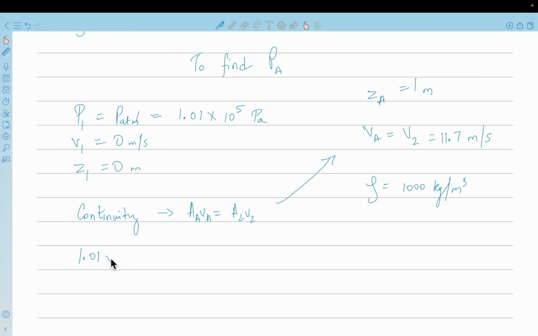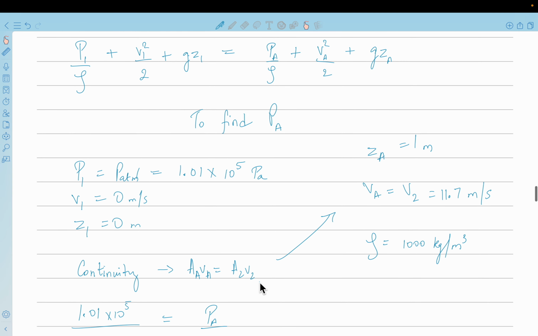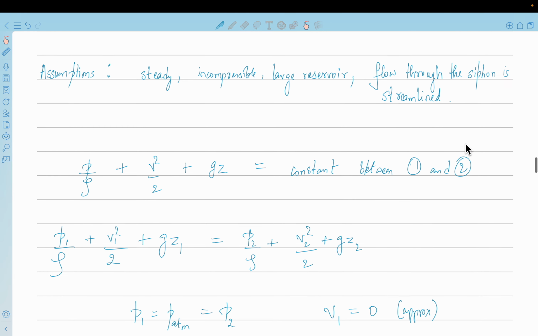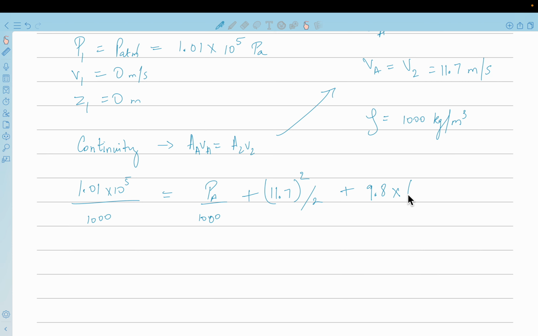So 1.01 into 10 to the power 5 by 1000 is equal to PA by 1000 plus 11.7 square by 2 plus G, which you can take as 9.8, multiplied by ZA. ZA is plus 1 meter, right? It is above the surface, above Z1. So it's 1.